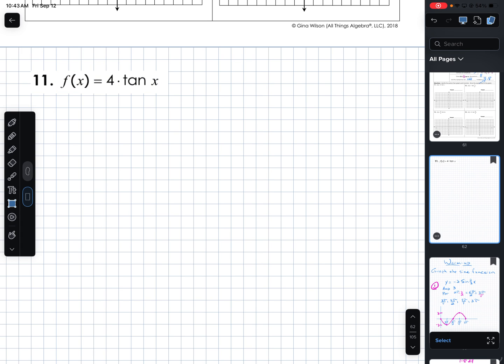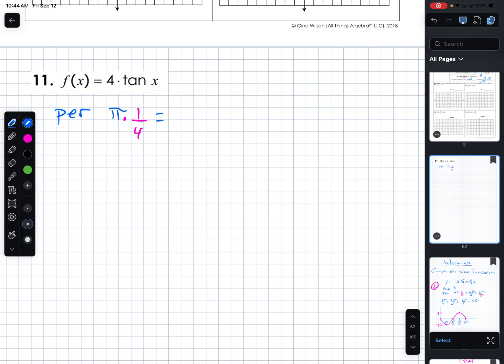So remember our amplitude is 4, but there is no amplitude, right? That just tells us where the dots are going to be, lower left and upper right. But for my period, I'm doing pi over b, so in this case just pi. Technically pi over 1, right? My period is pi, and then I'm going to multiply by 1/4 to get my intervals.